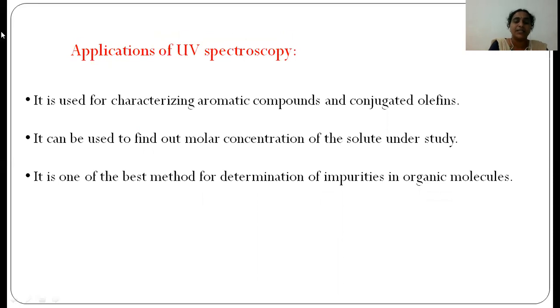Coming to the applications of UV visible spectroscopy, it is mainly used for characterizing aromatic compounds and conjugated olefins. That means for any unknown compound, we can determine with the help of UV visible spectroscopy whether it has aromatic compounds or unsaturated compounds like ethylene or butadiene. Another application is that it can be used to find the molar concentration of the solute under study.